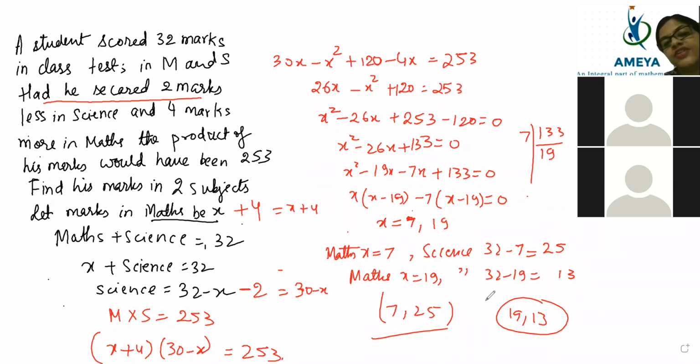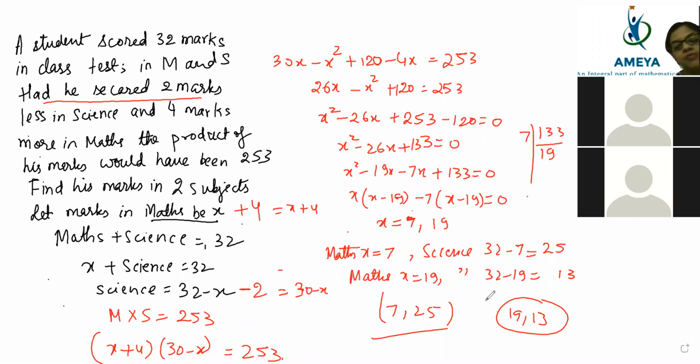Everyone understood this question? How to solve? But beta, first you have to take, see, that's why both subject maths plus science is equal to what is given, 32. So now with maths exactly taken as x, then science will become 32 minus x. So after that, they're telling that had maths is added with 4 and science is subtracted with 2, then the product of maths and science is equal to 253.